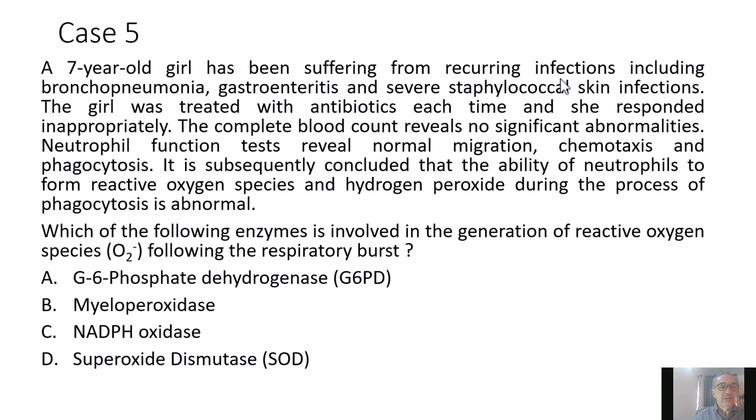Is it G6 phosphate dehydrogenase, G6PD, or myeloperoxidase, NADPH oxidase, or superoxide dismutase, SOD? At first, if you do not know the biochemistry of these things, it will be very confusing. Let's answer: the answer is NADPH oxidase.